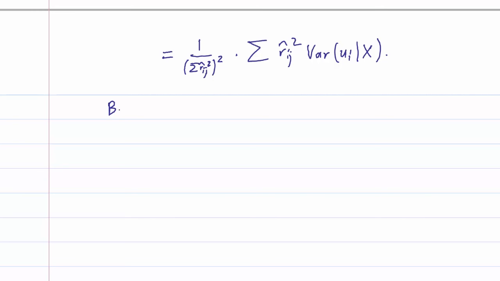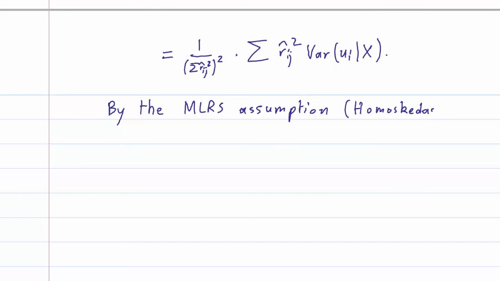Now, we are going to use one of the assumptions. So we're going to use the 5th assumption of the multiple linear regression model, which is homoscedasticity. So this assumption says that the variance of the ui, conditional on x, is constant, and we'll call it sigma squared.